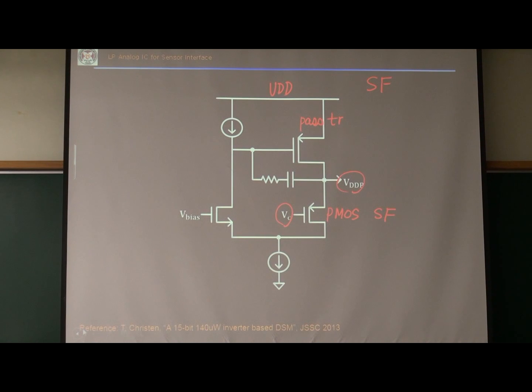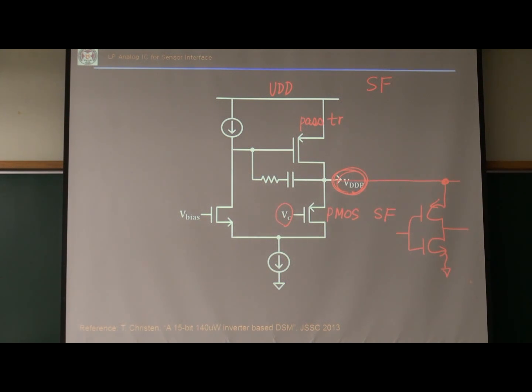So this voltage will be distributed as the supply voltage of all inverters in the circuit. Now, the supply voltage of all inverters will be this VDDP.